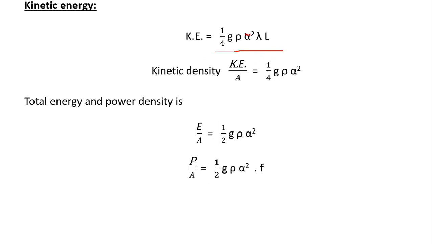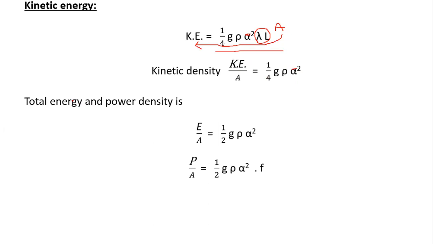Here A is amplitude. And lambda L again I can write as area. So if A becomes the denominator, KE by A is equal to the remaining term, 1 by 4 g rho A square.